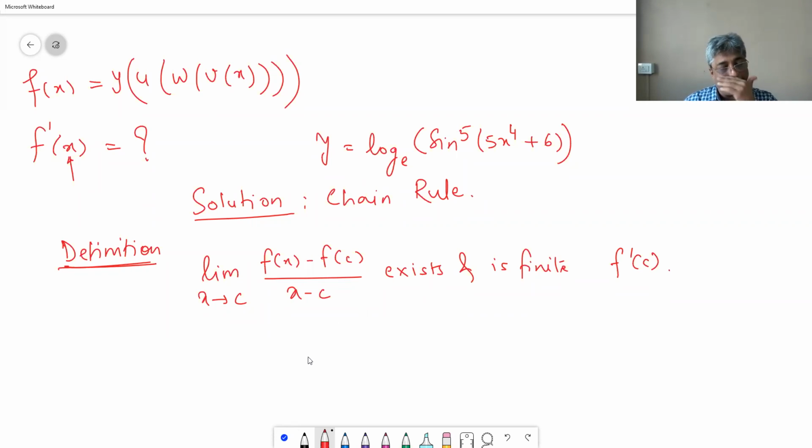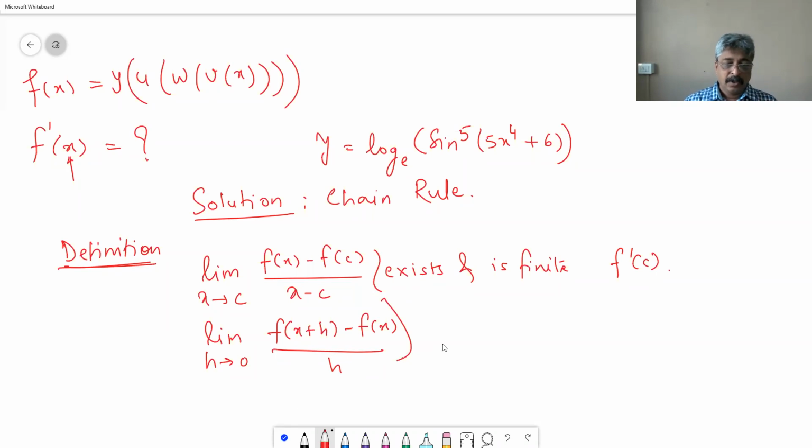If we write this definition in terms of h tends to 0, it is f of x plus h minus f of x upon h. Same thing. This and this are the same. So what is this h exactly?